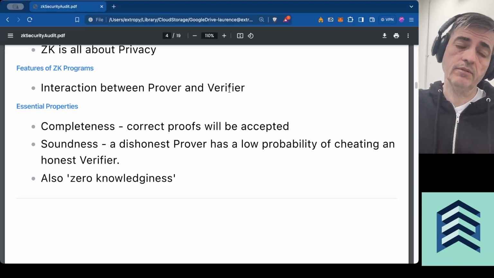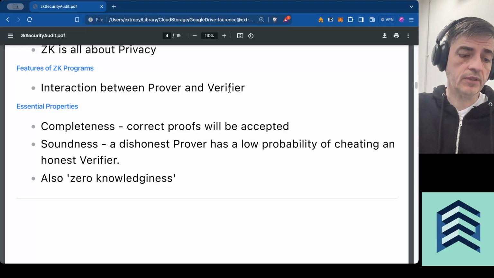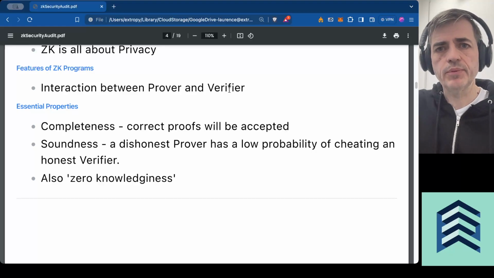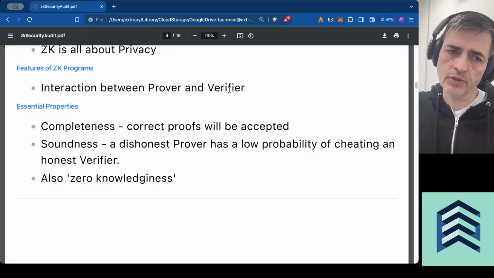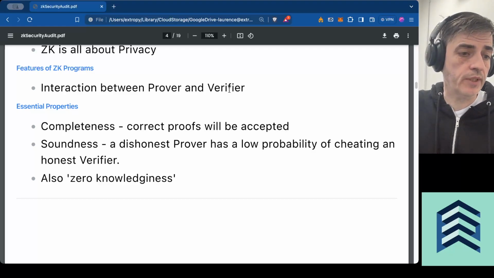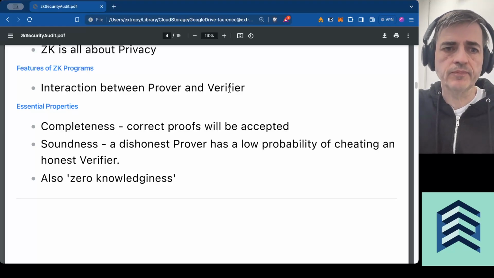Now, this is probabilistic, so there is a chance that an incorrect proof would be accepted by an honest verifier, but this chance is extremely small, and so we tend to ignore it in practice. But we can get a bound on it.